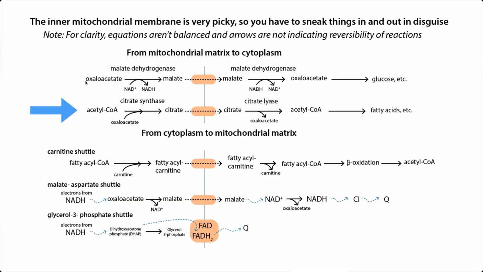This is just one example of how we can sneak things in and out of the mitochondria. We saw with the electron shuttles, we can basically sneak electrons from NADH out through the malate aspartate shuttle. We saw how we can use malate dehydrogenase to sneak oxaloacetate basically out of the mitochondria in the form of malate.